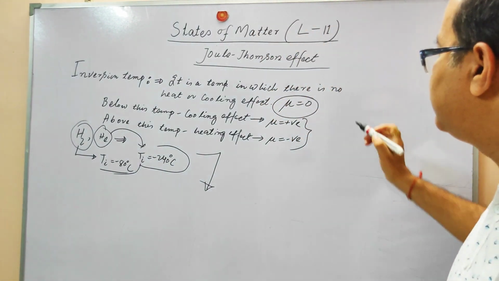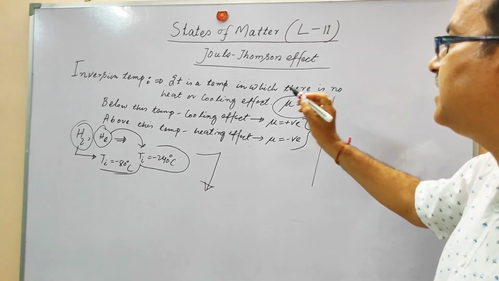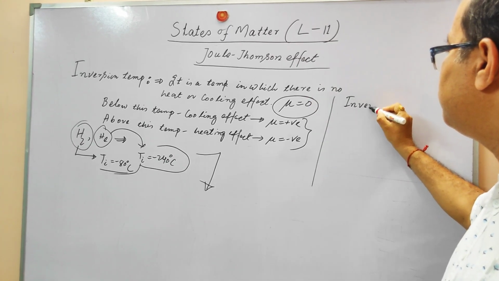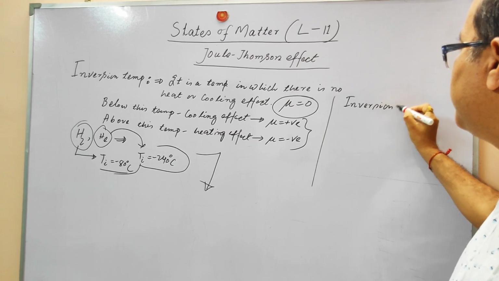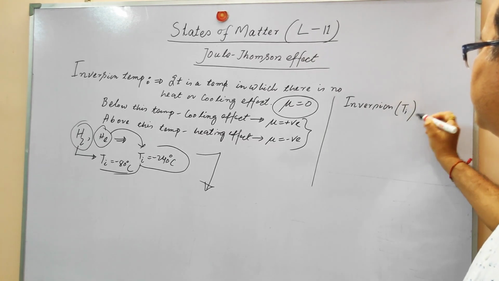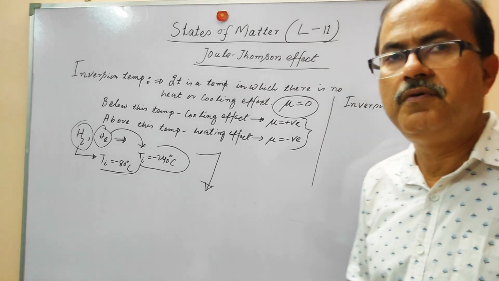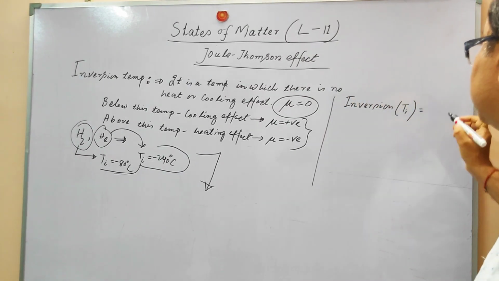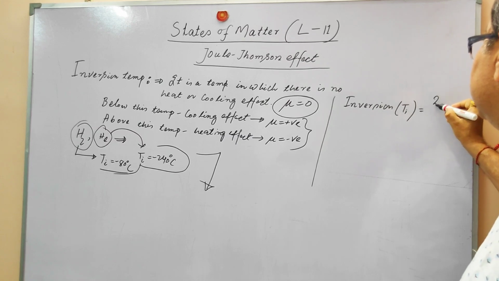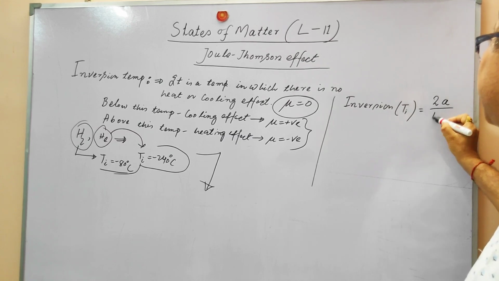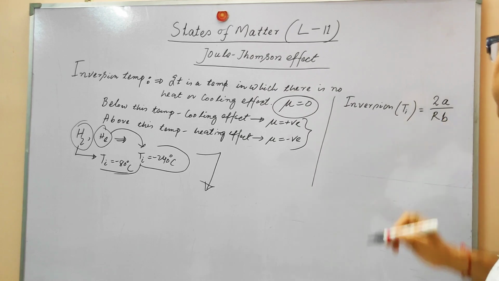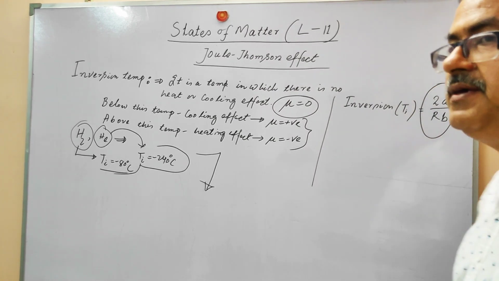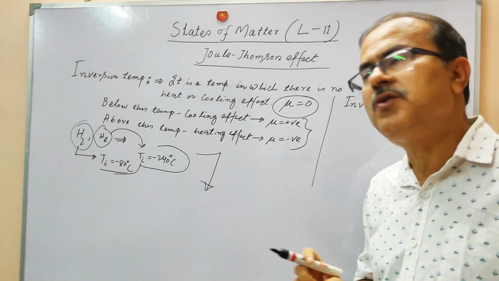Now we can correlate this inversion temperature Ti with the van der Waals constants, and it is 2a by Rb. It is 2a by Rb. The a and b are the van der Waals constants.